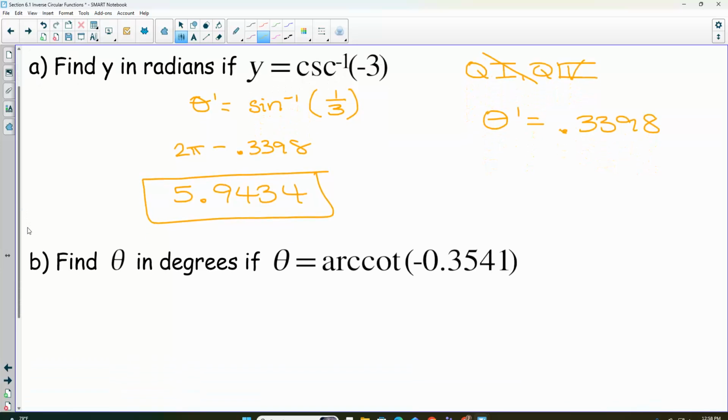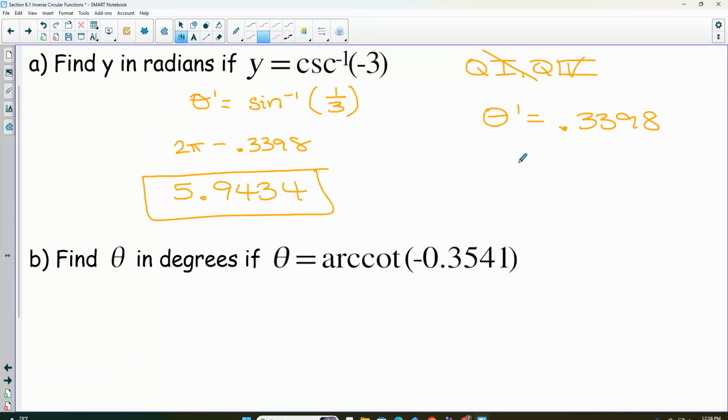I did sine inverse of the positive to get our reference angle. That's telling me this little angle here is 0.3398. So to get the rest, you would do 2 pi minus that.